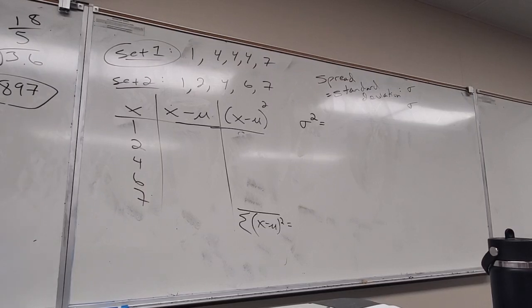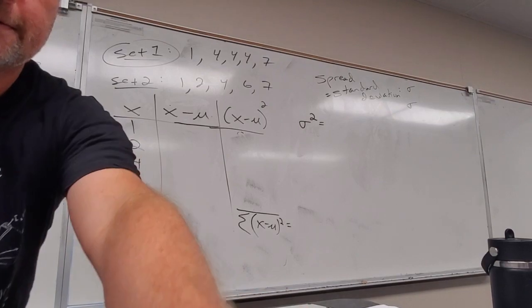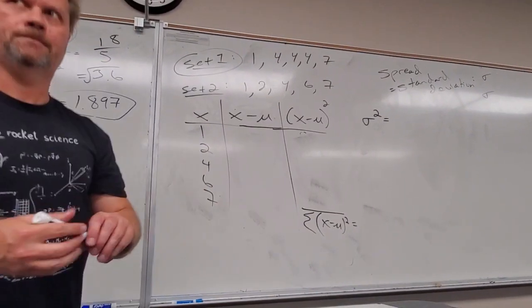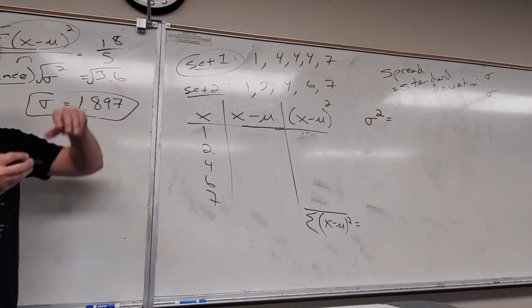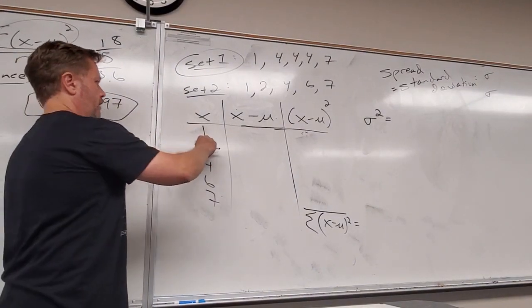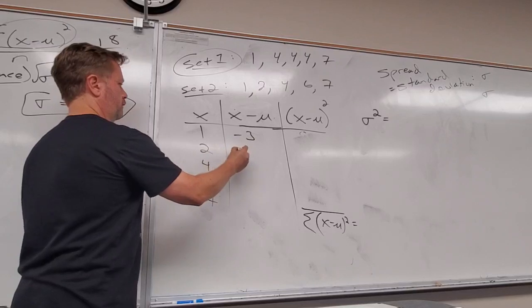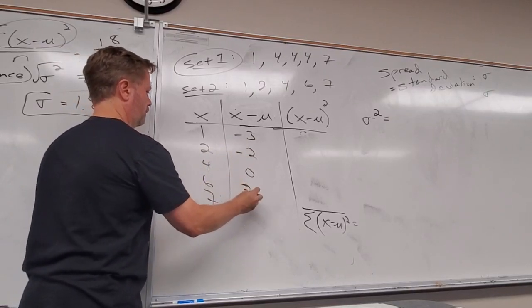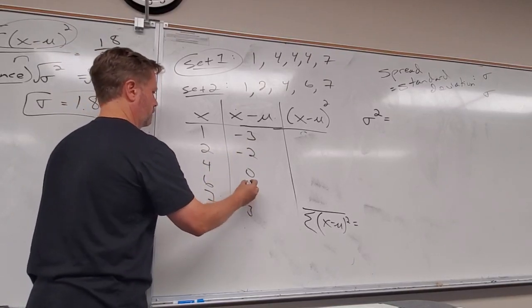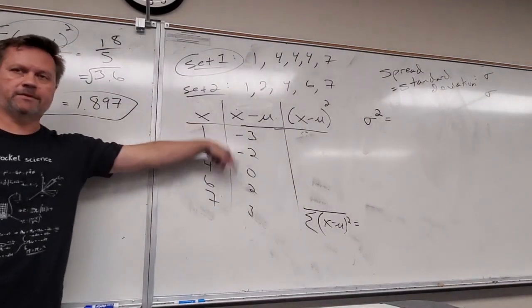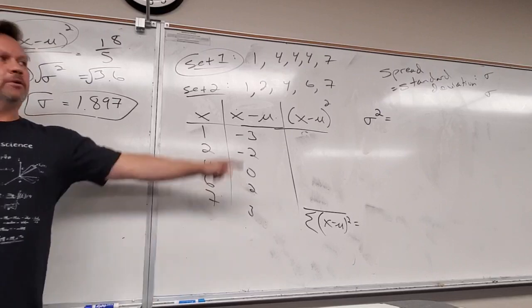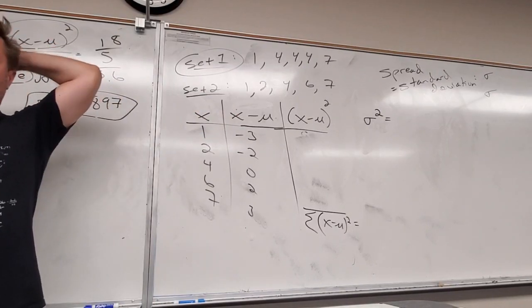I'm going to sort of catch up a little bit to you guys. Make sure everybody's doing the right thing. There's just a couple things that change because this is almost the same data, right? So still 1 minus 4 is still negative 3. 2 minus 4 is negative 2. That still adds up to 0. So we always have to square to kill the negatives.